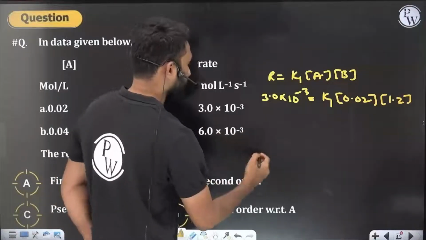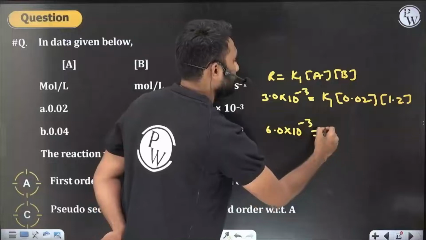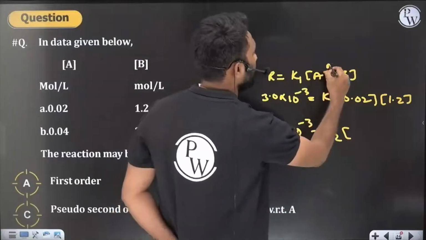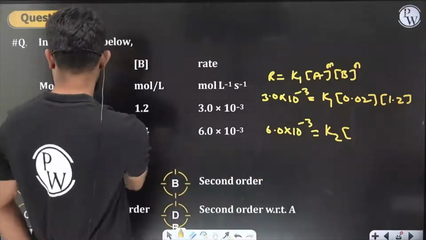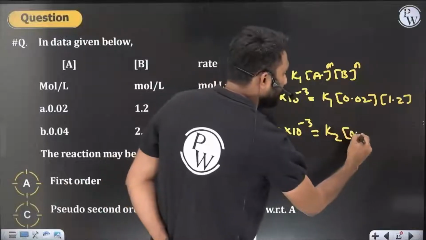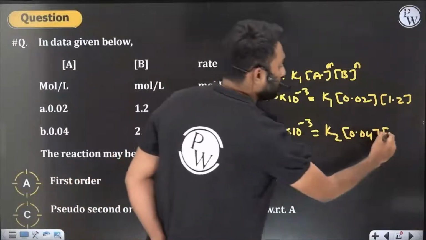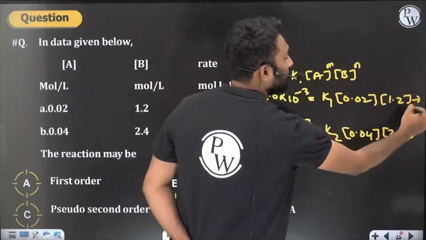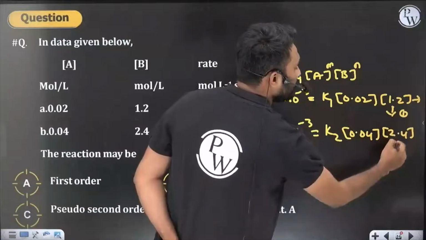Now how much rate have they given? 6.0 into 10 to the power minus 3 is equal to K2, concentration of A raised to the power m and B raised to the power n, let's take. Concentration of A, second, they have given 0.04, and B, 2.4. Okay, let's take this as 1 and this as 2.